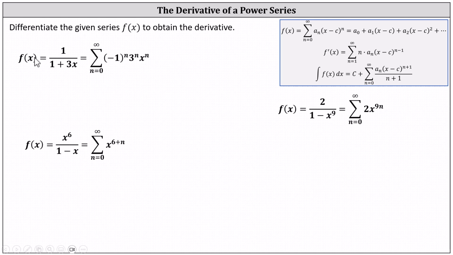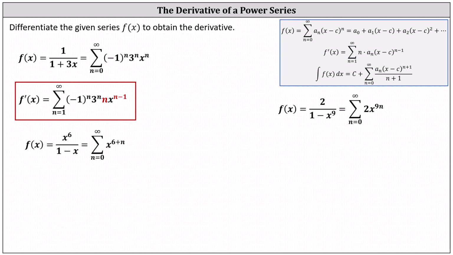To find f prime of x, so the derivative with respect to x, using the power series, we have the sum from n equals 1 to infinity of negative 1 to the power of n times 3 to the power of n, and then times the derivative of x to the power of n with respect to x, which is n times x to the power of n minus 1. Nothing simplifies here, and therefore this is the derivative expressed using a power series. Again, remember the index starts at n equals 1, not n equals 0.